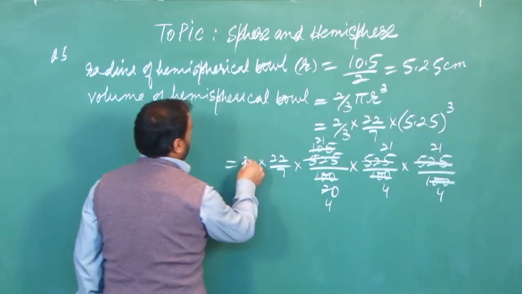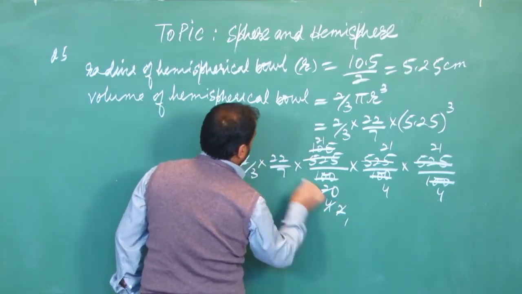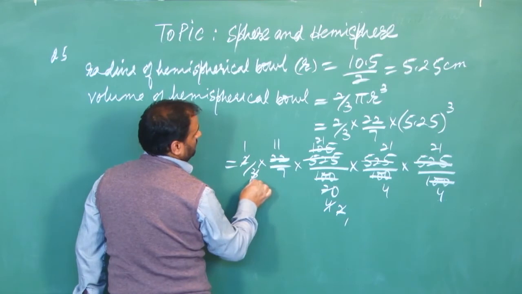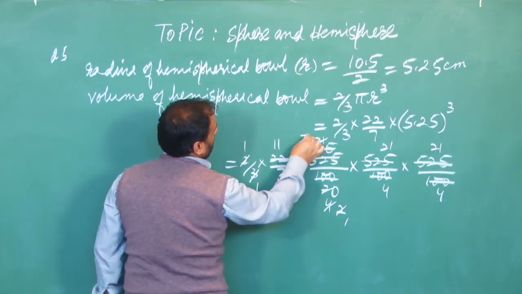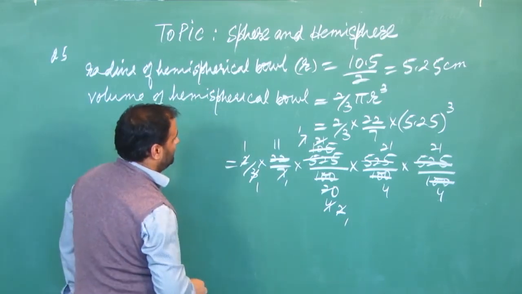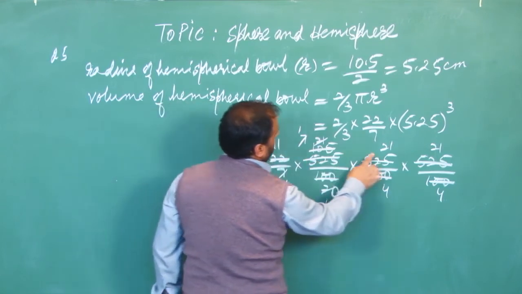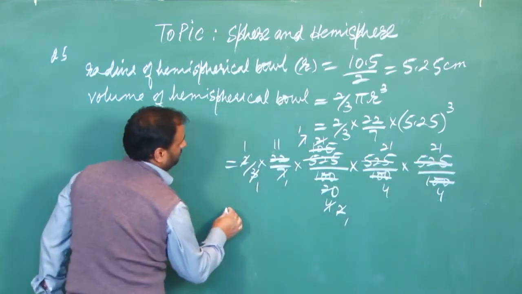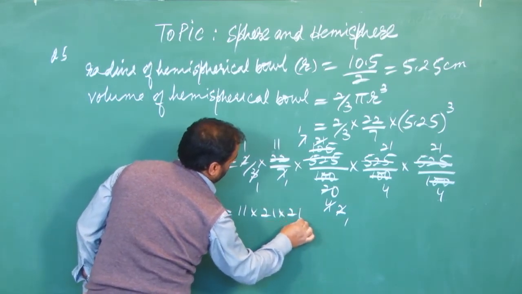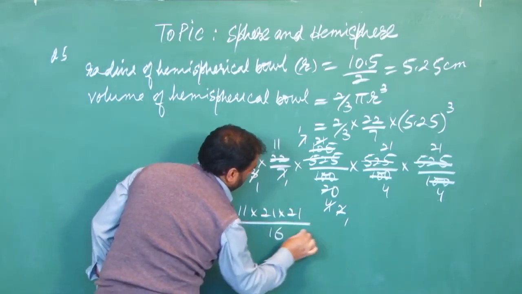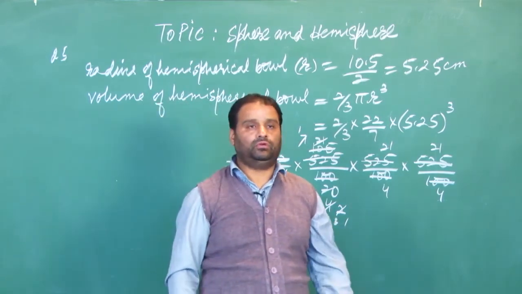On cancelling this, what is left is 11, 21 and 21. 11 into 21 into 21 divided by 16 centimeter cube is the capacity of that hemispherical bowl.